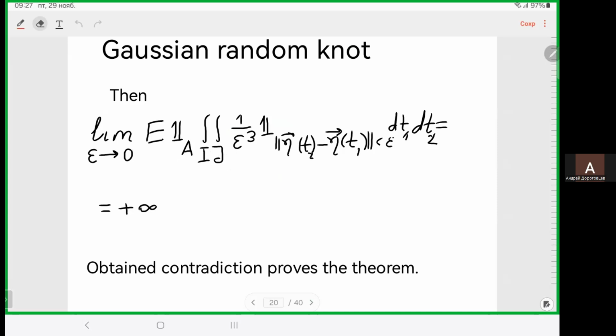So the obtained contradiction proves the theorem. Our random knot, the obtained random curve, really has no points of self-intersection.